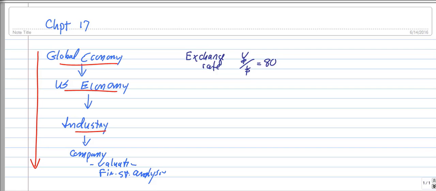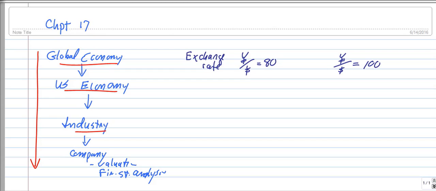So if we had yen per dollar to be 80, and at some other time the exchange rate had changed, yen per dollar to be 100, you can see the value of the dollar has changed. Now, what impact does that have on U.S. imports and exports?